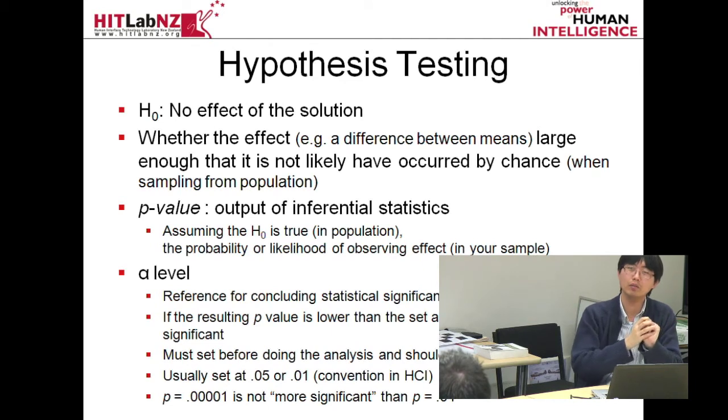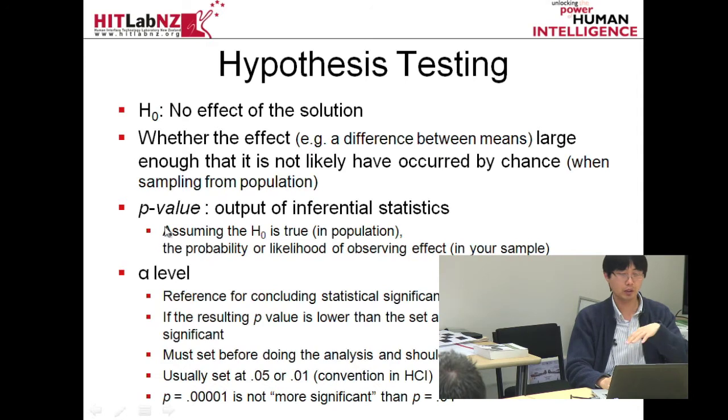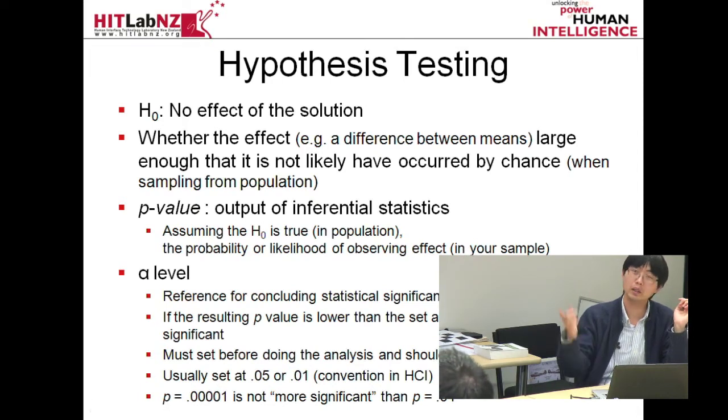Is it because the two interfaces are actually different, or is it because of chance, that when you sampled your participants from the whole population, there might be some probability that made the mean values appear different? So if this p-value is high, then that's saying the difference might have occurred because of the sampling error, rather than the two interfaces actually being different.